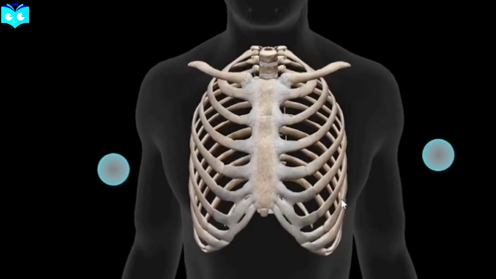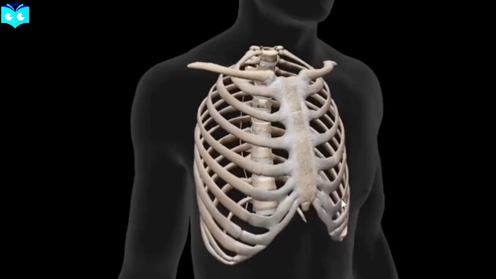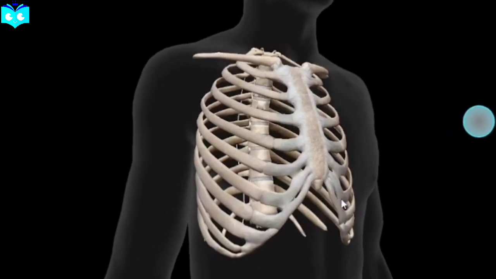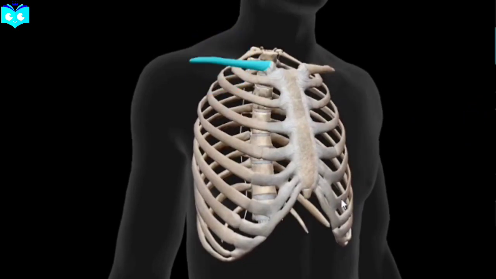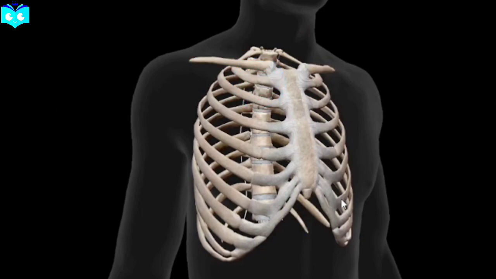And now we will talk about the ribs and the sternum. The ribs consist of a total of 24 bones, which is 12 pairs. The first 7 pairs are the true ribs because they join directly to the sternum.